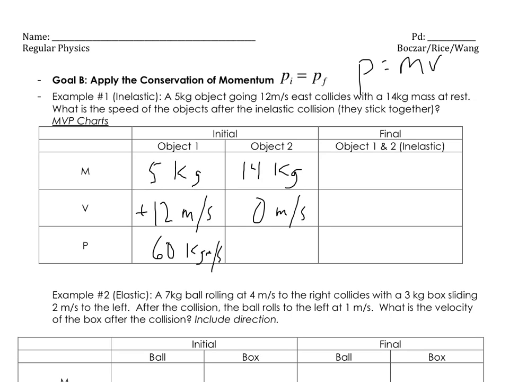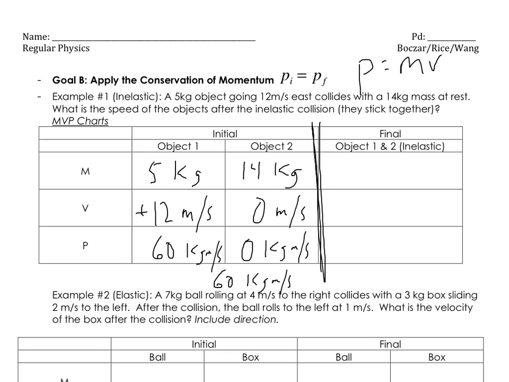And then for object 2, 14 times 0 is simply 0 kilogram meters per second. Now the total initial momentum of the system, the left side of this chart, before the collision, we have to add the two up. So 60 kilogram meters per second plus 0 is simply 60 kilogram meters per second.